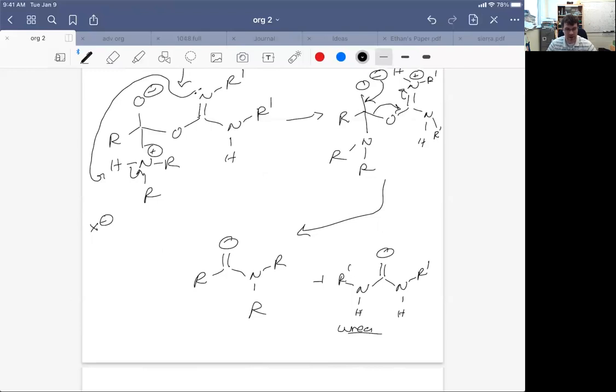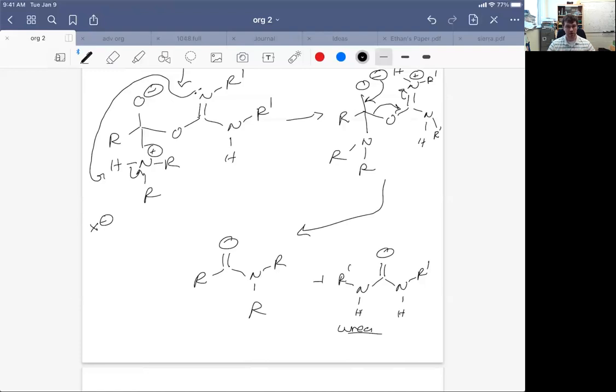But this is a urea, and urea itself we'll talk about later, but I want to stay focused on this. So what did we do? We made an amide from a carboxylic acid, but we kind of cheated because we converted the carboxylic acid into something that looks and behaves a lot like an acid chloride. It's got a really potent leaving group because we can stabilize the electron density, not by having a really stable negative charge, but by having a neutral molecule.